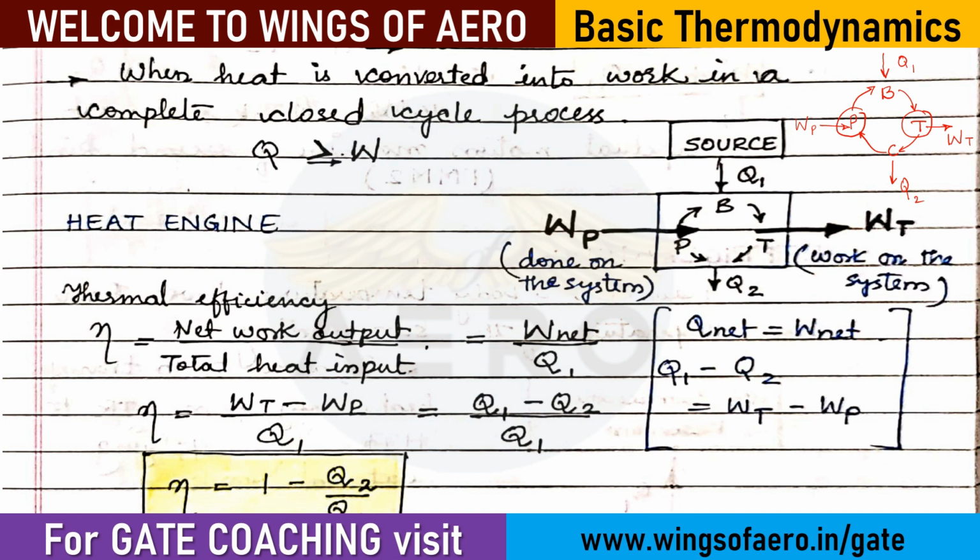Where we have the source, the high thermal reservoir, the one with the highest temperature, we call it the source, and the part where heat is liberated we call the sink. Understand the terminologies: source, sink. These are very important.